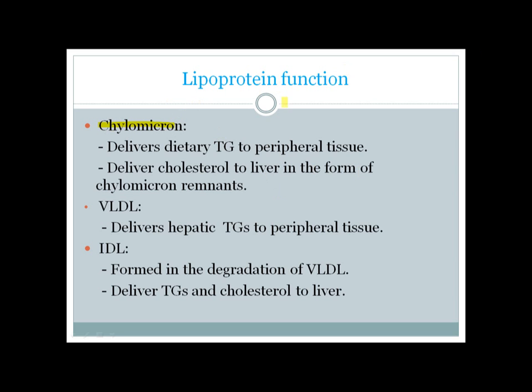The major function of chylomicron is delivery of dietary triglyceride to peripheral tissue, and the remaining cholesterol will be delivered to the liver. For VLDL, the main job is delivery of hepatic triglyceride to peripheral tissue. And IDL is a degradation product of VLDL, which delivers triglycerides and cholesterol to the liver.